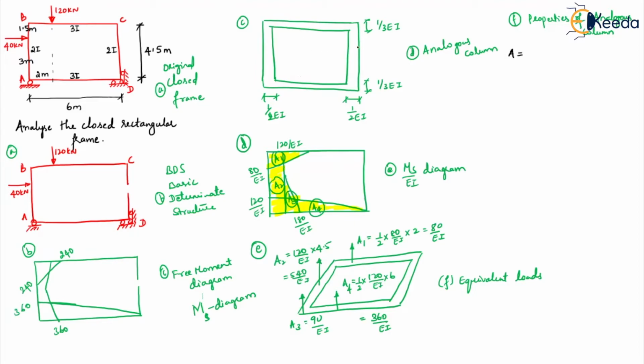These two are same and these two are same. So what I can do is 2 times of 1 by 3 EI into 6 for the horizontal portion, plus 1 by 2 EI into 4.5, the height, for the vertical portion, right? So that's your total area, 8.5 by EI.